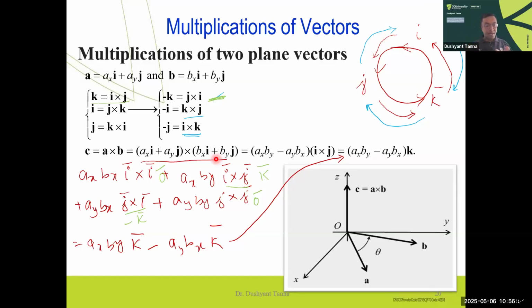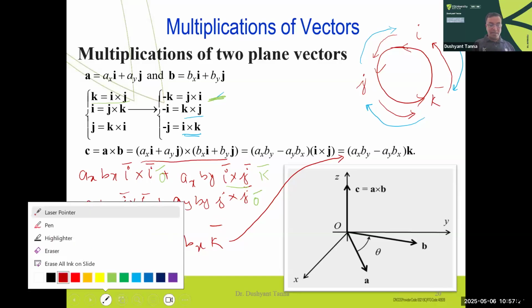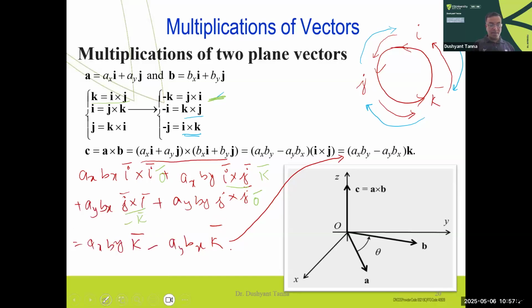Normal algebra, we call it abstract algebra, is fine: 2 plus 3, 3 plus 2. Up here, vector A cross vector B is not the same as B cross A. So you can't swap IJ. JI is minus K, IJ is K. Different, because direction is involved. Okay. Let's keep going.